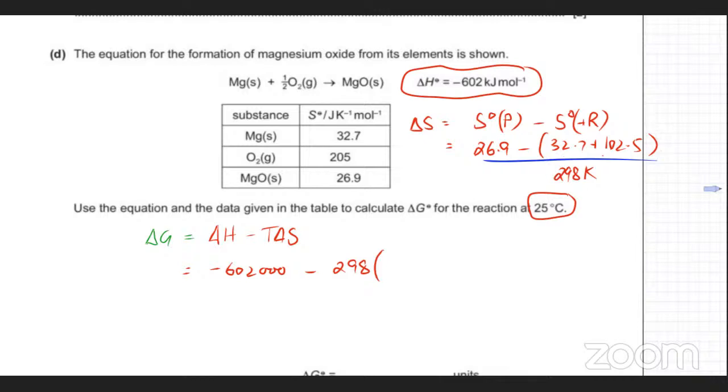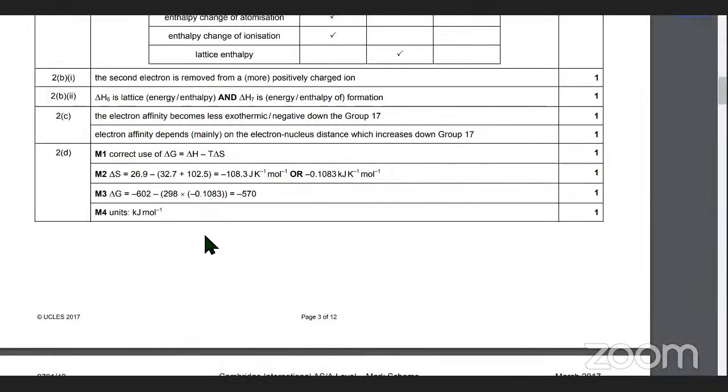Negative 108.3. I converted everything to joules, and you can then find this value. We can quickly refer to the marking scheme.